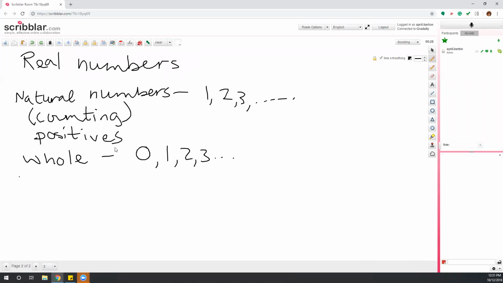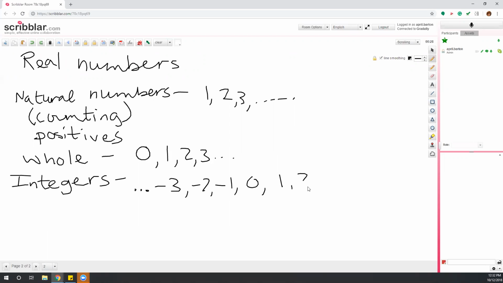Next is integers. Again, it's going to include everything we've seen so far and also add in negative numbers. So all the negative whole numbers, no decimals or fractions yet, but all the negatives, those are called integers. 0 is also called an integer, and all the positives are called an integer.